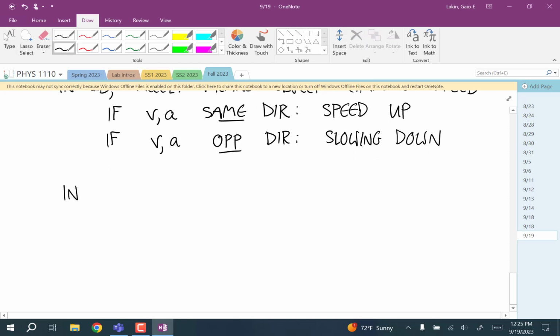In 2 dimensions, acceleration can mean 2 different things. The first one is it can mean changing speeds.